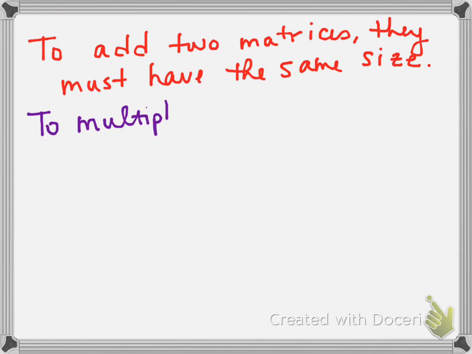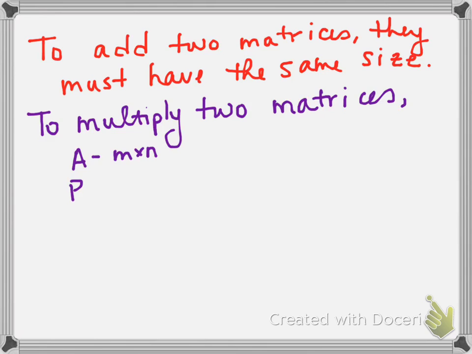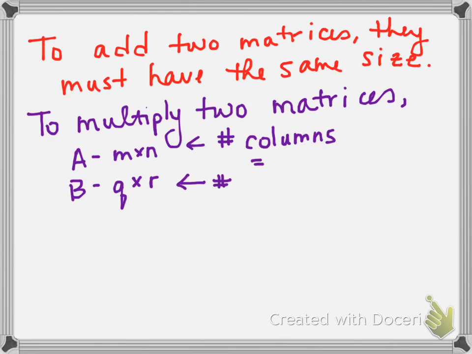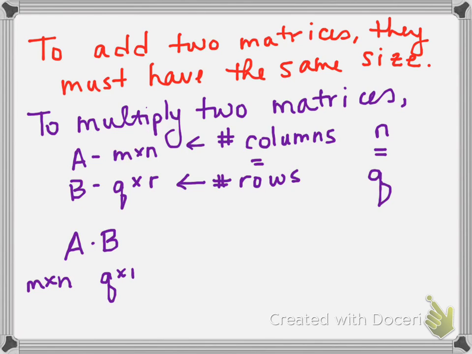To multiply two matrices, let's say A is m by n and B is Q by R. The number of columns here needs to equal the number of rows in the second matrix, which means that n, which is the number of columns here, needs to equal Q. So in order to do A times B, if A is m by n and B is Q by R, then those two need to be equal.